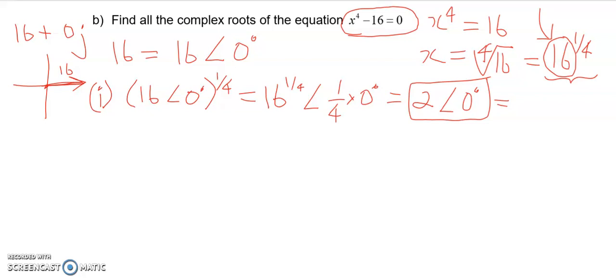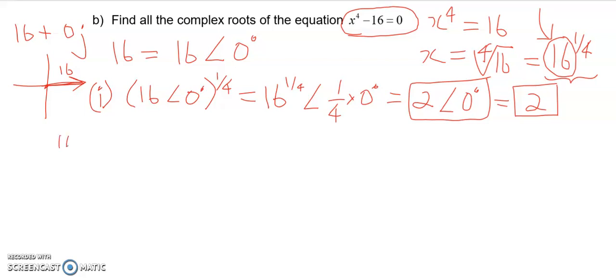And you also have to get your b, which is equal to r times the sine of theta, and that becomes 0. So in rectangular form, the first root is actually 2. Now you probably suspected that because 2 actually is the fourth root of 16. That should not be a surprise.